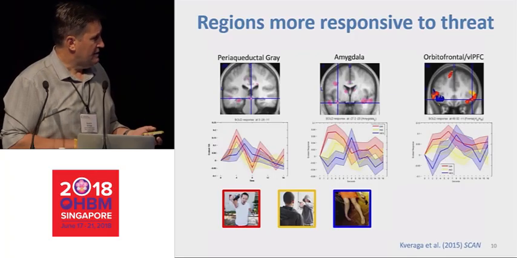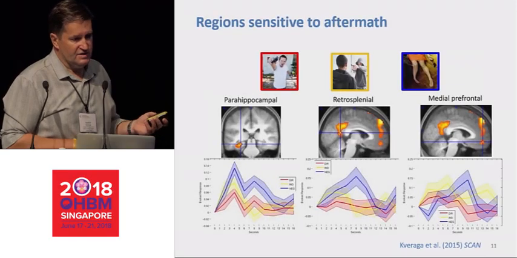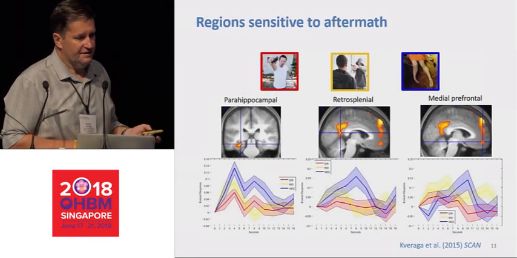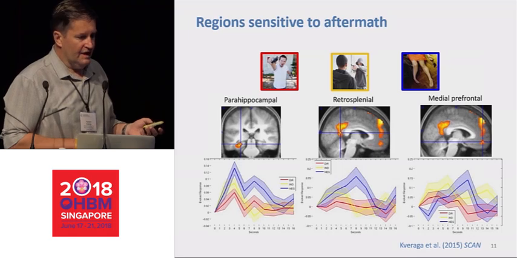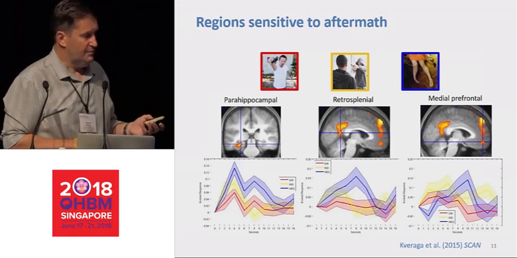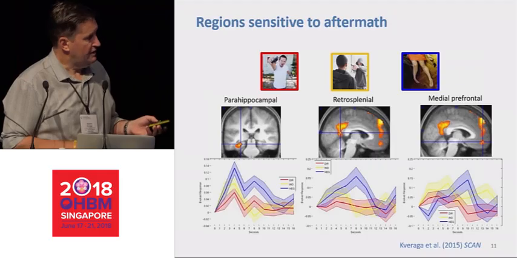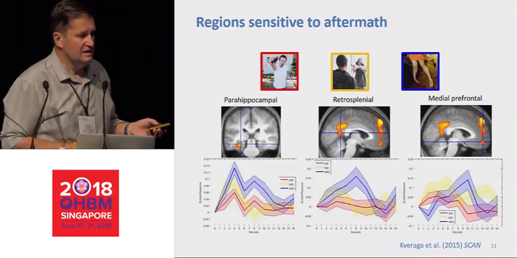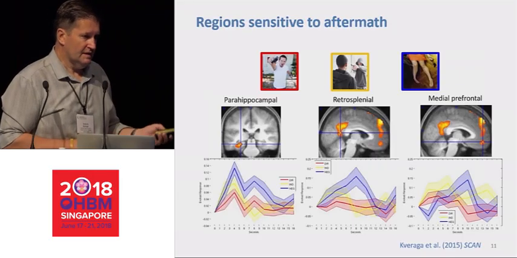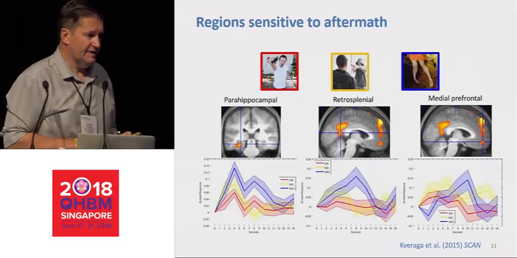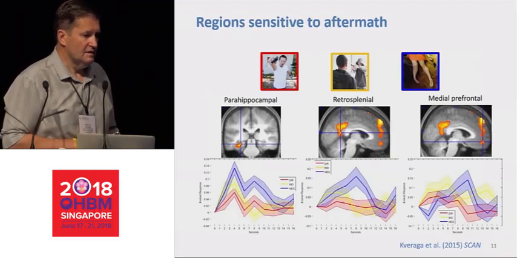Now, looking at the regions that are activated most highly to the threat aftermath, we have a set of regions, perihippocampal, retrosplenial, and medial prefrontal cortices, that have been identified in several different tasks, or actually task-free mentalizing.